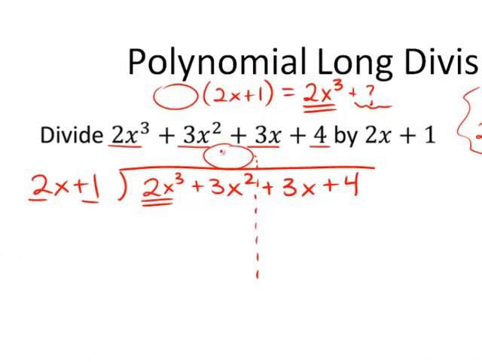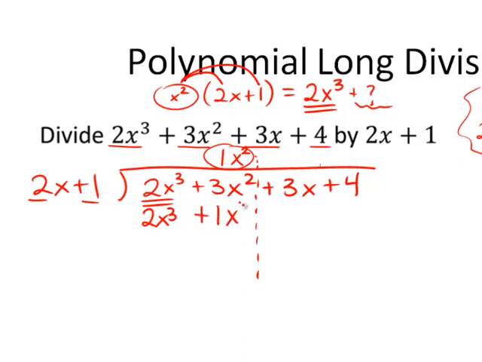Well, 2 times 1 gives us 2, and x times x squared gives us 2x cubed. So now we're taking x squared and multiplying it by 2x and by 1. And 1x squared times 1 will give you 1x squared.